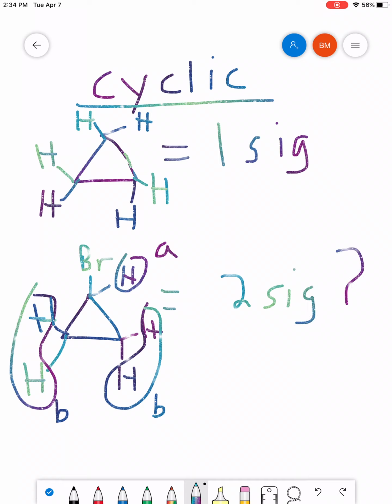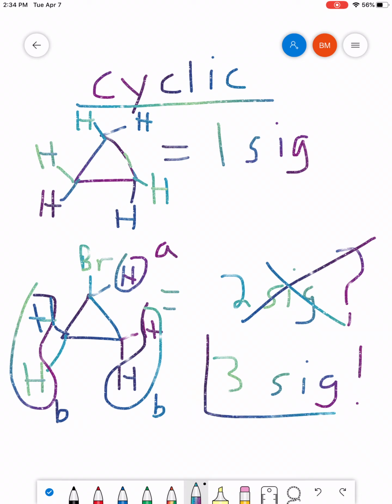However, this is another one where this is wrong. This one does not have 2 signals. This one actually has 3 signals. Now, how is that possible? Looking at the structure that I have here, it does appear to only have 2 signals.